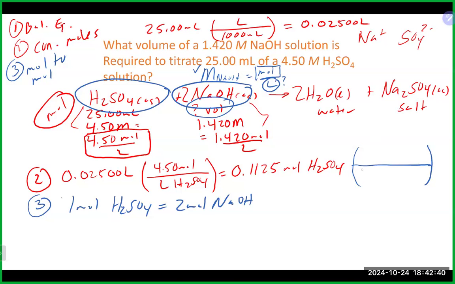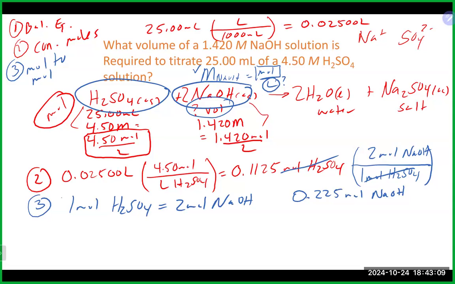We'll do 1 mole of sulfuric acid and 2 moles of sodium hydroxide. That cancels out our moles of sulfuric acid. We're basically just multiplying by 2, and this gives me 0.225 moles of sodium hydroxide. Any questions on that there?